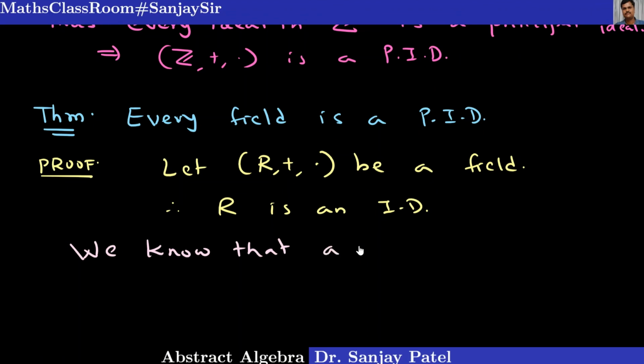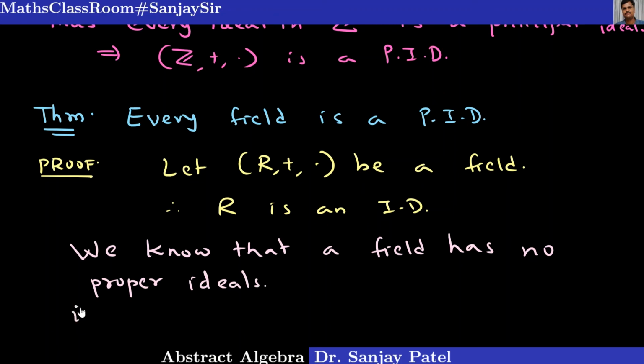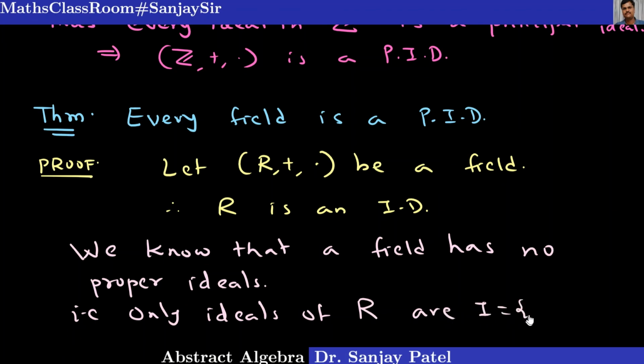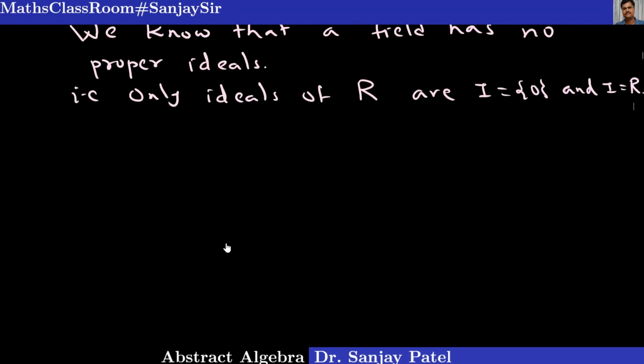We know that a field has no proper ideals. That is, the only ideals of the ring R are I equal to singleton 0 and I equal to the ring R. So the field has only these two ideals.